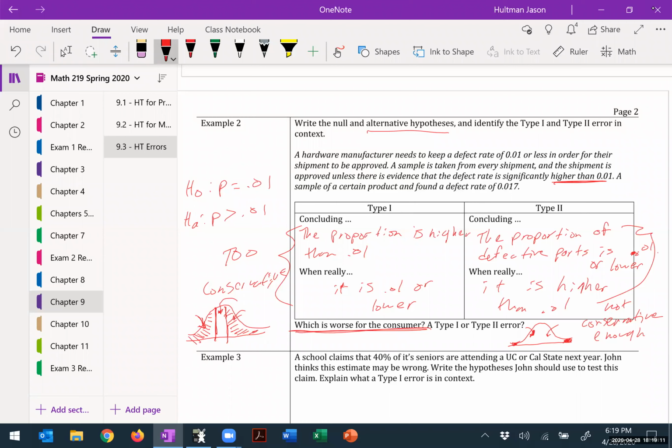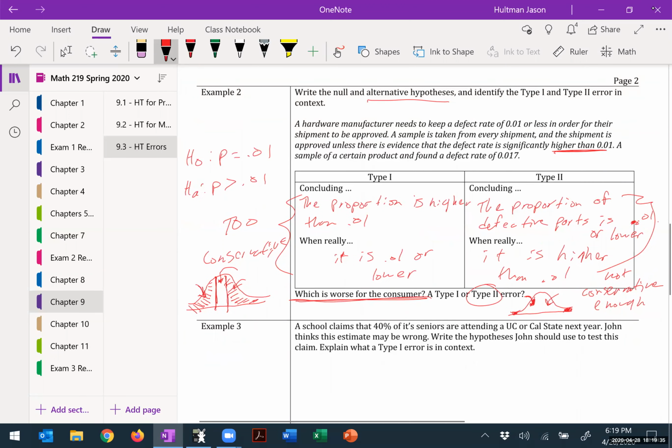And we're just saying, oh, it's okay, we're going to sell that anyway. The type 2 error is we're letting stuff through that shouldn't have gone through. So type 2 error is worse for the consumer. More defects are going to get through.